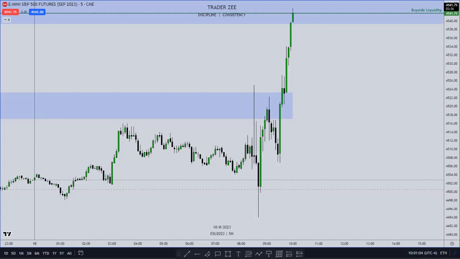Nasdaq took out previous day's high. ES took out the intra-week high made on Monday.